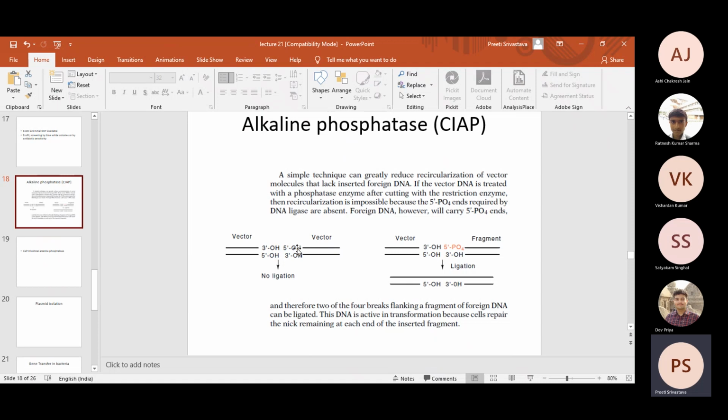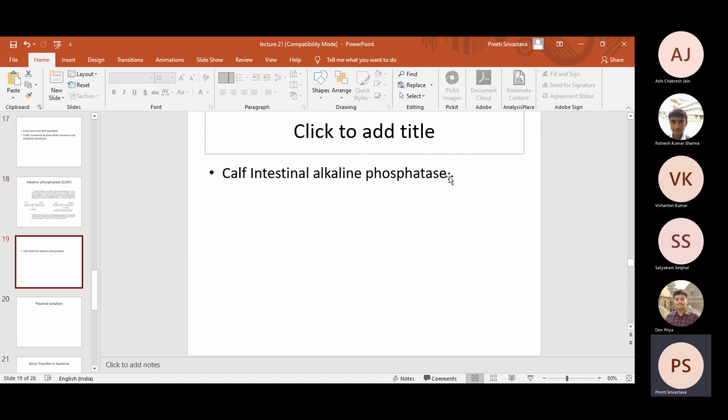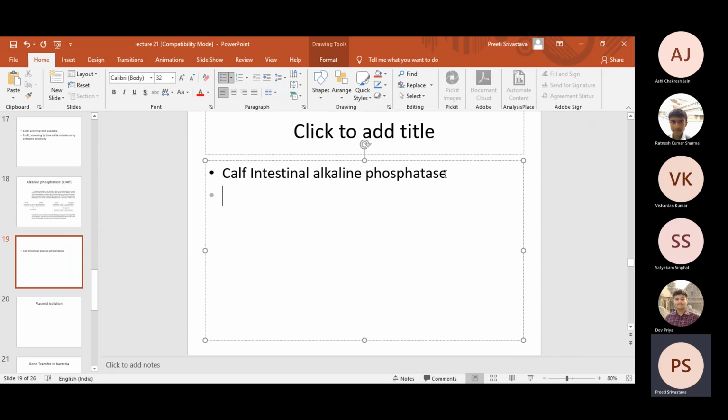But what happens is when we treat the vector which is digested with EcoRI, so let me write it like this. The vector is digested with EcoRI, for example, but it can be any other enzyme, SmaI, BamHI, HindIII, NotI, any of these, right? So the vector is digested with EcoRI, and what you do is now treat it with alkaline phosphatase.